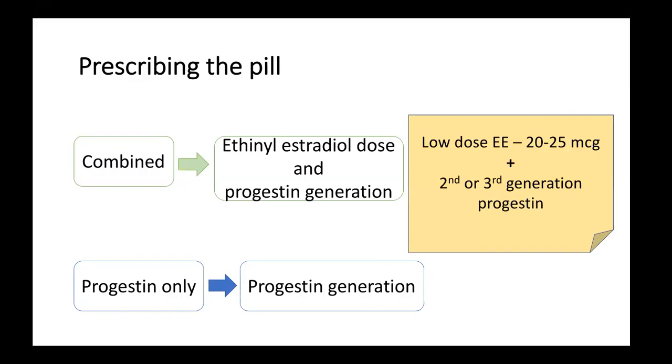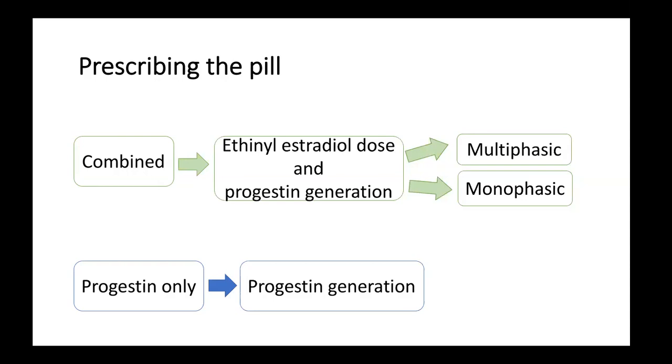So thinking about the different types of estrogen and progesterone, I usually just start with the lowest dose of estrogen, so 20 to 25 micrograms. And then I also just usually start with a second or third generation progestin. That's my default. And then I sort of titrate based on symptoms later on.